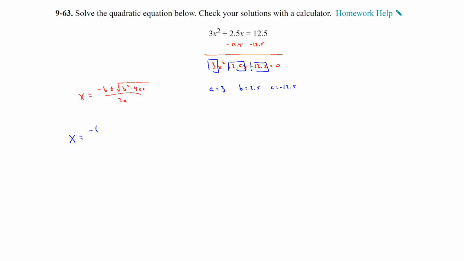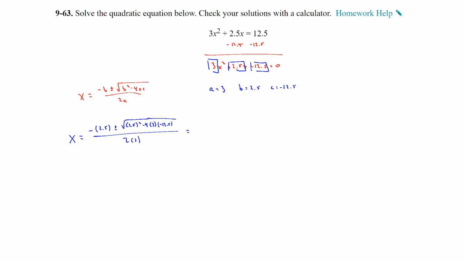So we'll get the opposite of b, so the opposite of 2.5, plus or minus the square root of 2.5 squared minus 4 times 3 times the c value of negative 12.5. All of that is divided by 2 times 3.